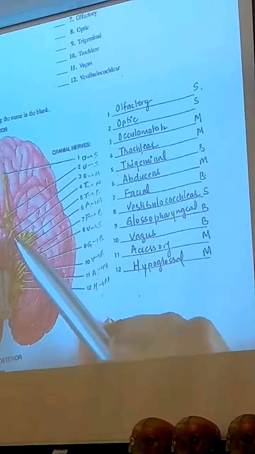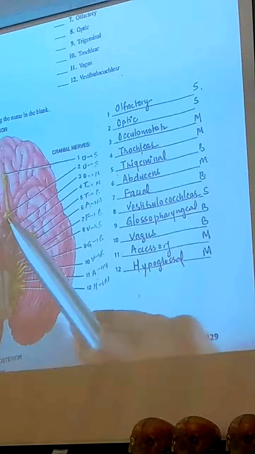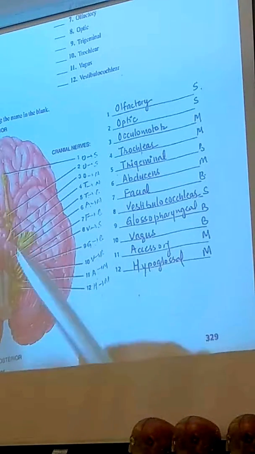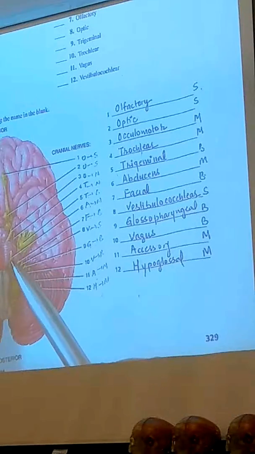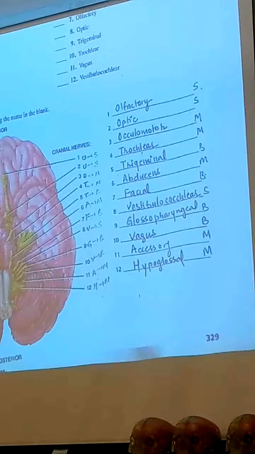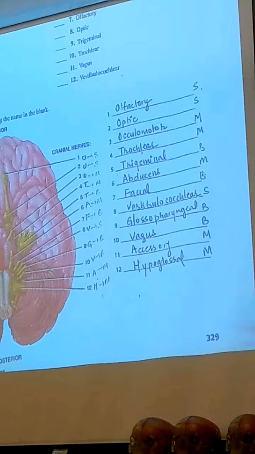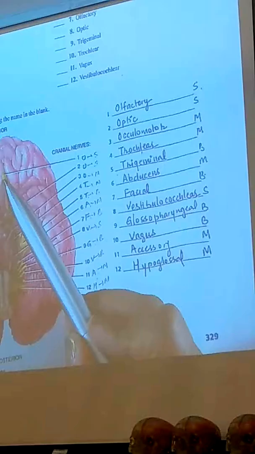If it is something below the ear, you can count backwards: 4, 3, 2, 1. Or if it is here, it is 6. So this will be your landmark. Don't write cranial nerve number 5 or 6 or 7. You have to write the name of the cranial nerve. Any question that can be asked is to write the name of this particular cranial nerve.